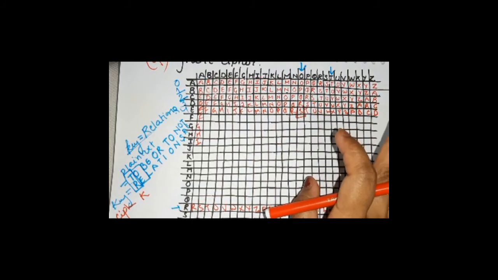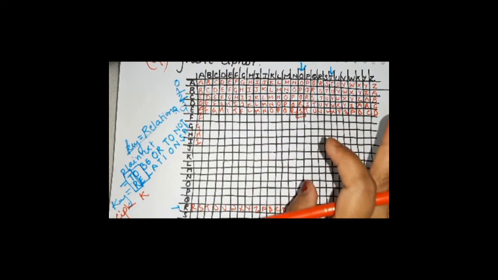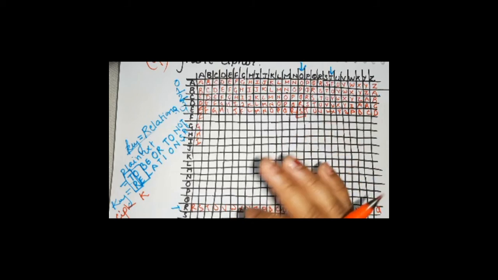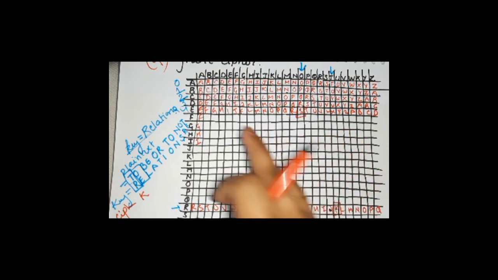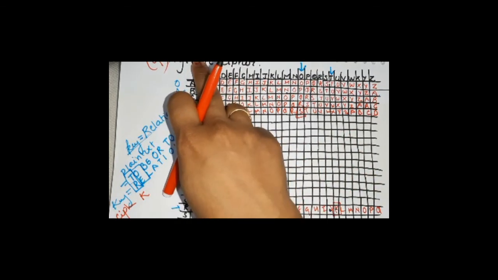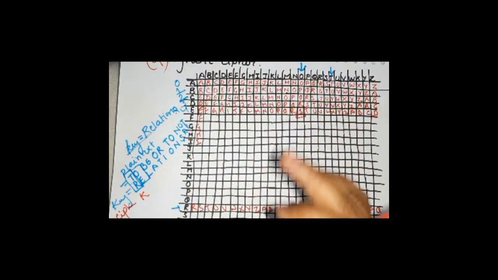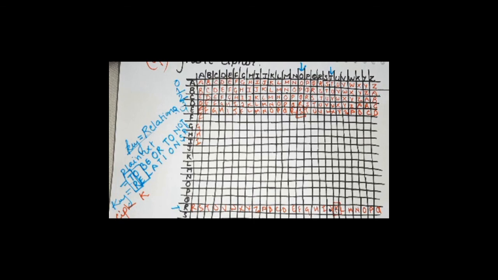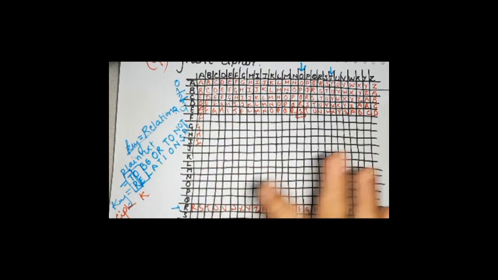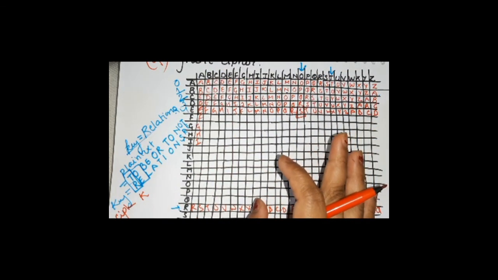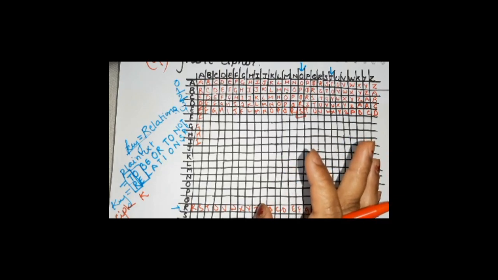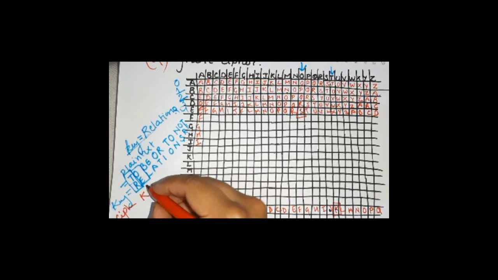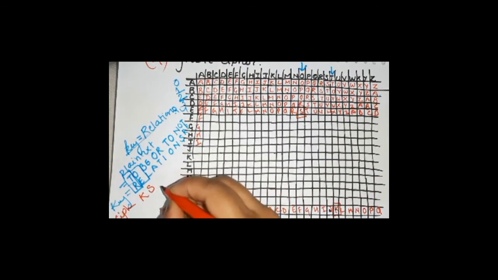The value will be the same. Wherever you place the keyword and the plain text, the intersecting value will be the same. So there's no confusion regarding where to keep plain text and where to keep keyword. So the intersecting value for O and E is S.